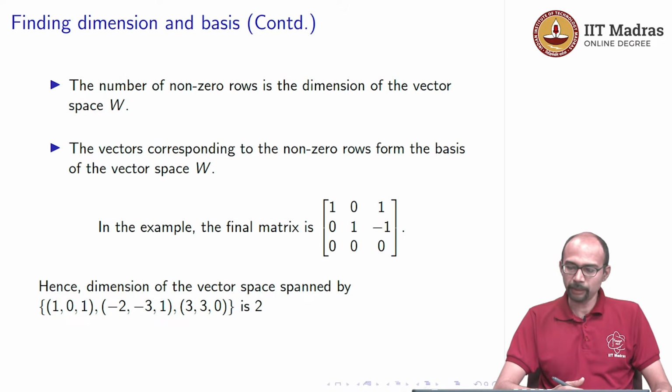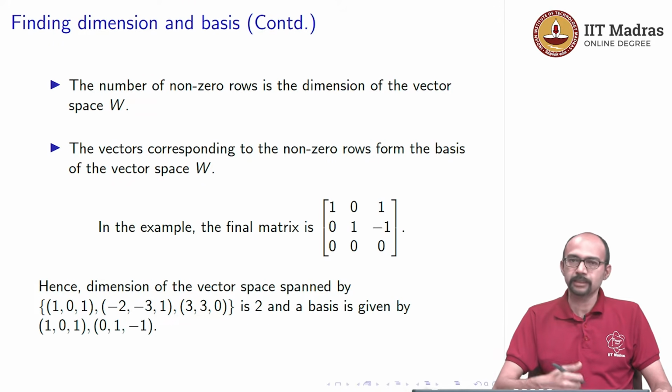So, the dimension of the vector space spanned by the 3 vectors we started with, 1 0 1 minus 2, minus 3 1 3 3 0, is 2, and a basis is given by the vectors corresponding to these 2 rows, 1 0 1 and 0 1 minus 1. So, I hope the method is clear. It is a very easy and fairly short method, as short as Gaussian elimination is.